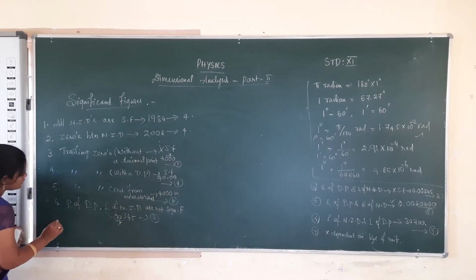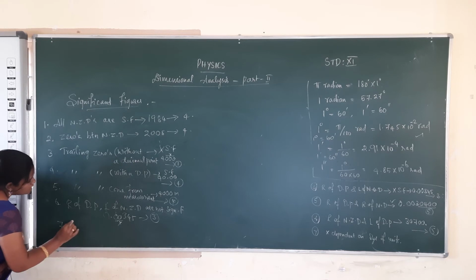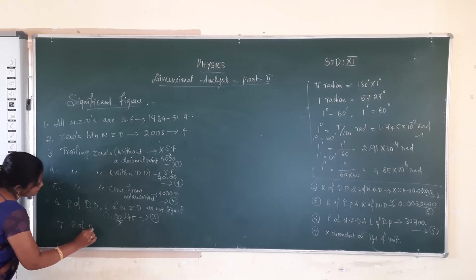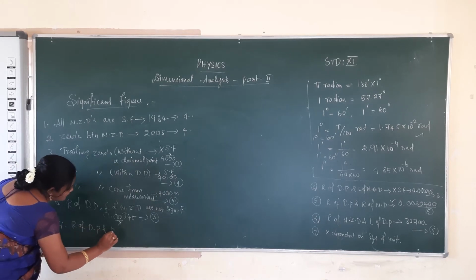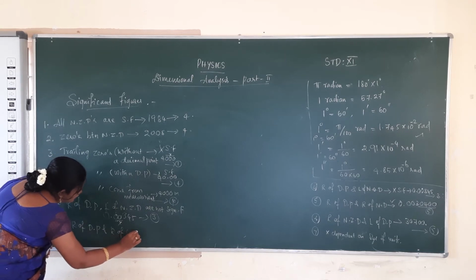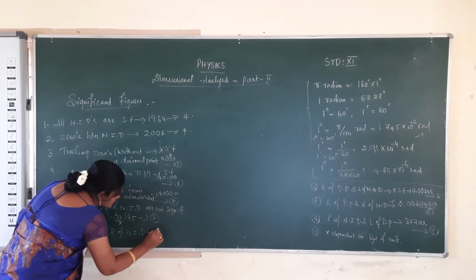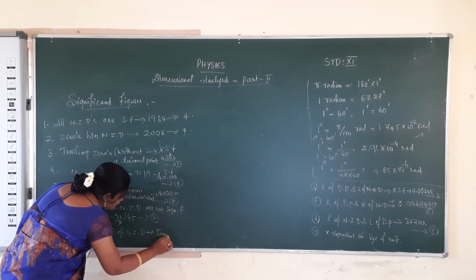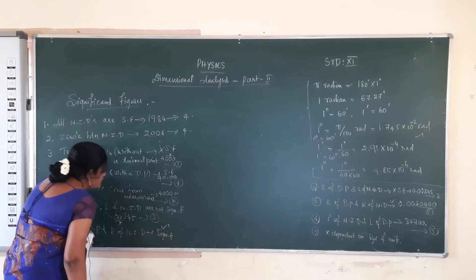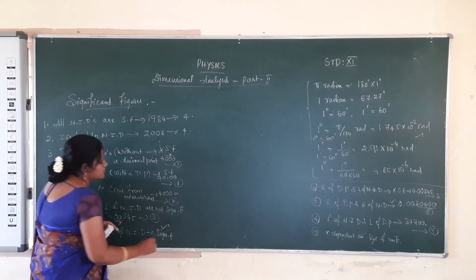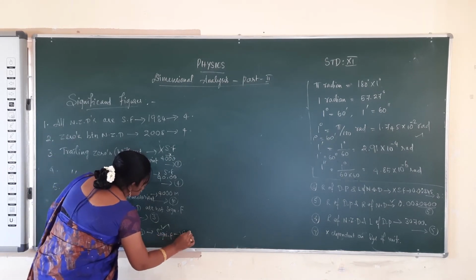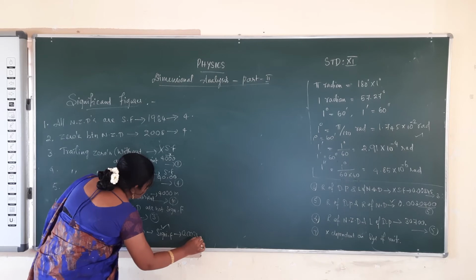And then the seventh one: right of a decimal point and right of a non-zero digit is to be considered as a significant figure. Example, 0.00340.